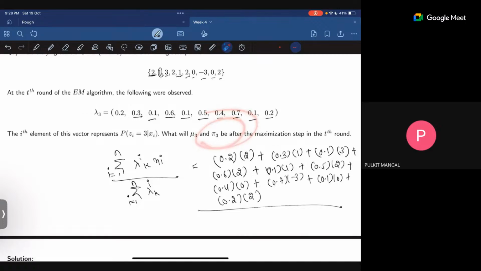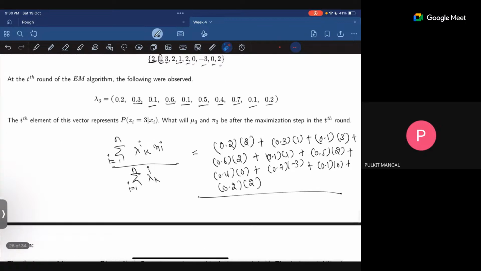Now, how do you calculate the pi k? That is the updated probability for selecting the component. Nobody remembers?